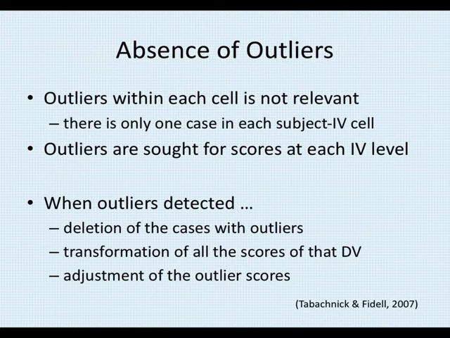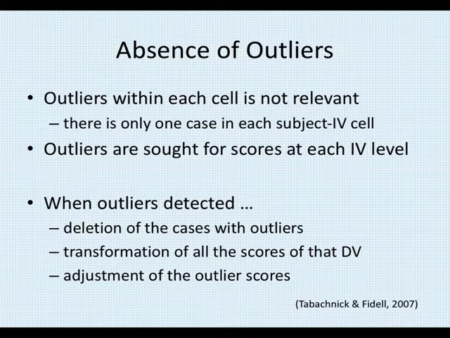And similarly for outliers, we look at outliers for the variables at the different levels. And if outliers are detected, these are the different options that we can take. One is we can delete the cases with outliers. Let's say variable number 3, case number 3 had an outlier here.